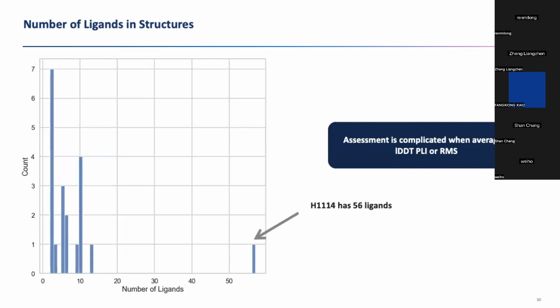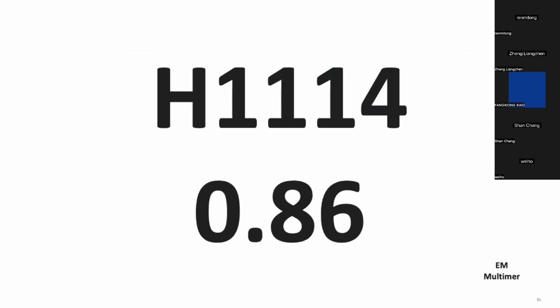And then this is looking at the number of ligands in the structures. Again, number of ligands on the x-axis, counts on the y. So only 7 structures with just 1 ligand in them, all the way up to this structure H1114 that has 56 ligands in it. And I think I can use that as a way to take a look at some of the challenges that we deal with.